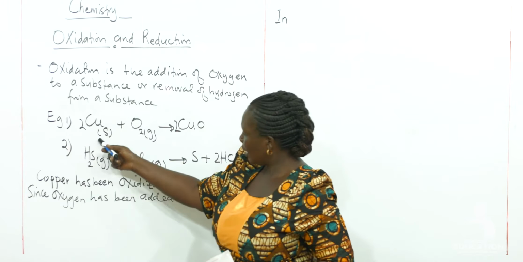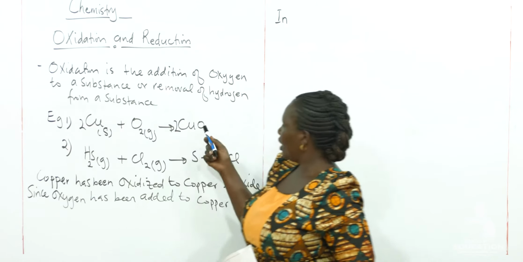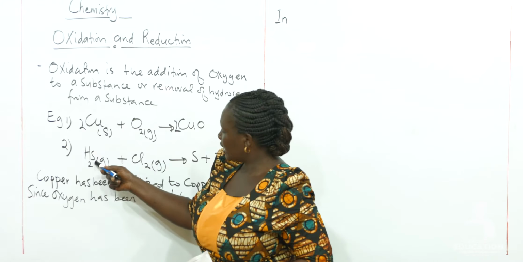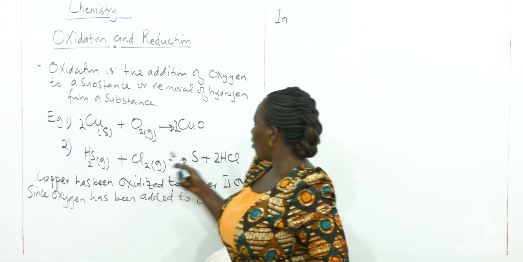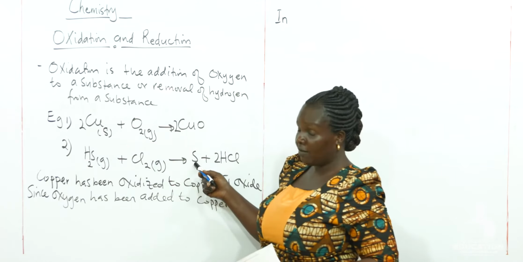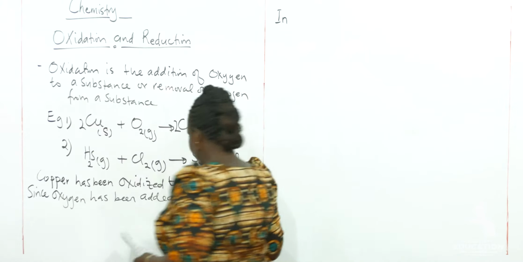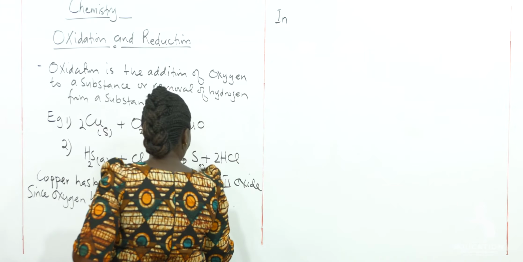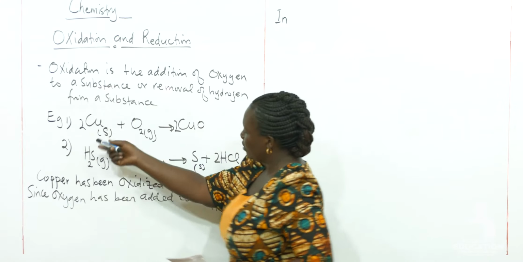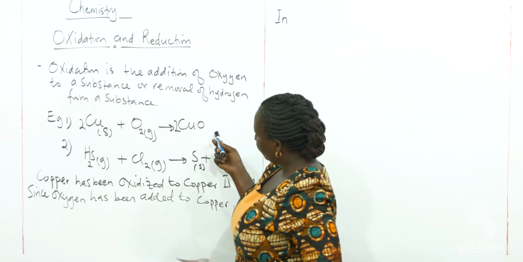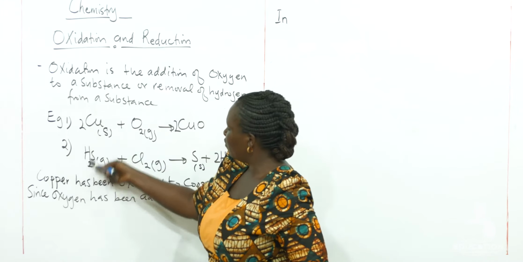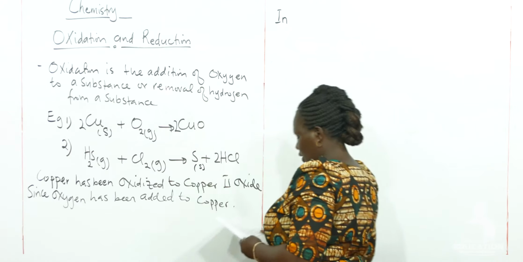In reaction 1, copper has been oxidized because of addition of oxygen. Meanwhile, sulfur is oxidized because of the removal of hydrogen. So from hydrogen sulfide, we have sulfur, that is in solid form. So oxidation of copper because of addition of oxygen, and oxidation of sulfur because of removal of hydrogen.